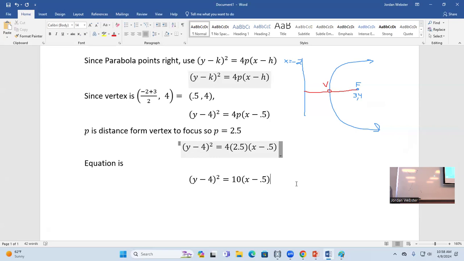And there you go. Again, it's sort of a combination of using our knowledge about how the equation looks in comparison to the vertex and the p, and also using some common sense about what the actual parabola looks like when you graph it.